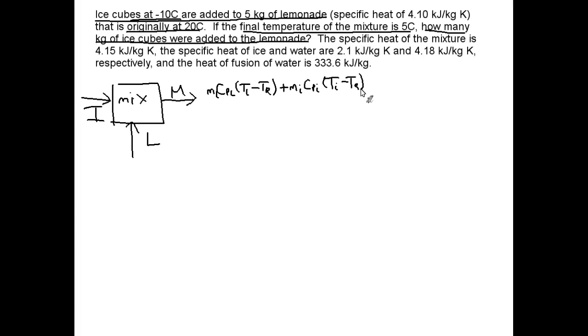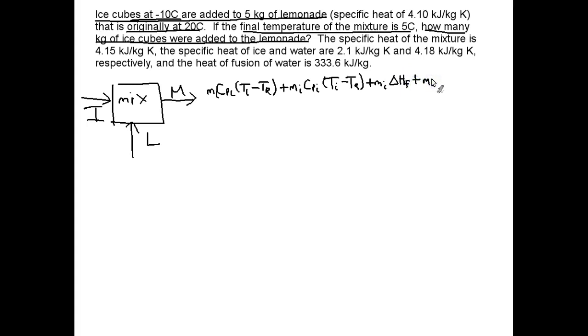To account for our phase change, we need the mass of the ice times our latent heat of fusion. I'm going to write that as delta H_F. Okay, so far we've heated the ice up and we've melted it, and now we have water. So to finish our ice terms, we now have to have the water. It's still the mass of your ice, but it's now water.